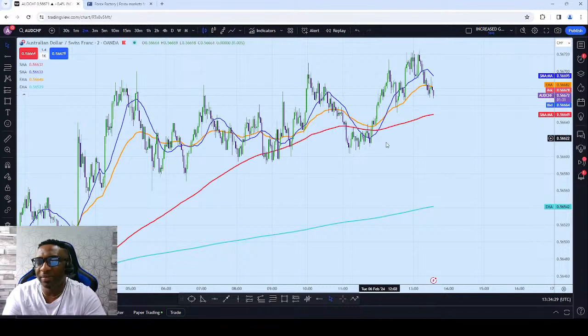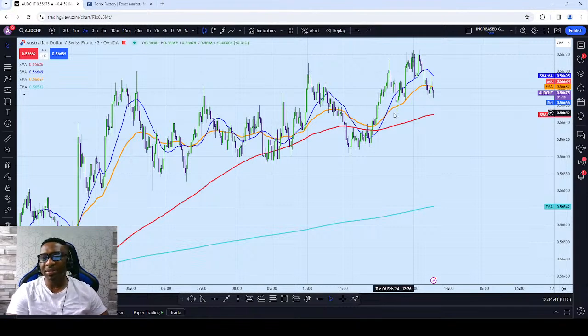You are better off taking a buy than jumping onto a sell in an uptrend, even though you can make some money out of it. But to be on the safer side, you just stick to that.